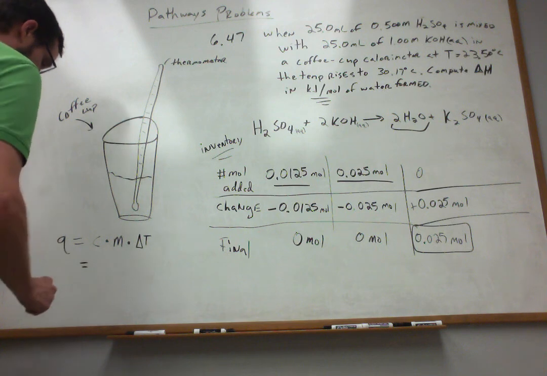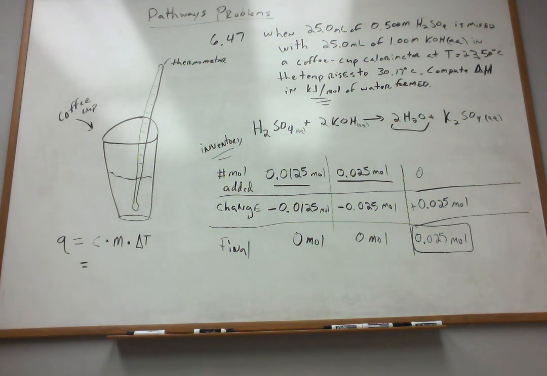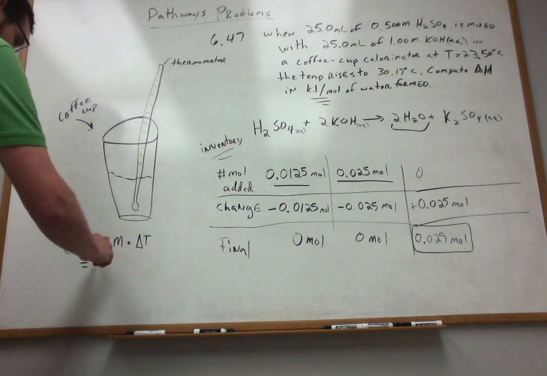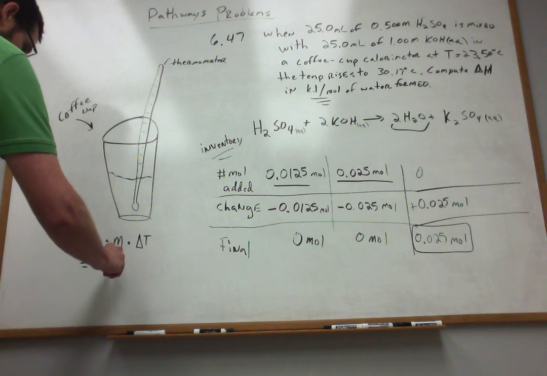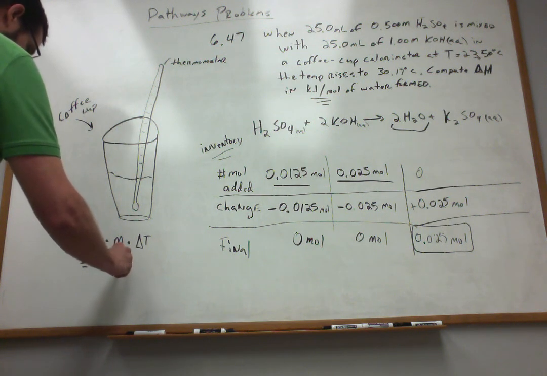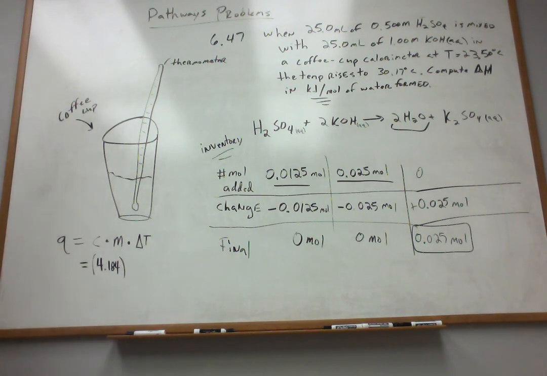I'm going to use that here to help me figure out how much heat was required to raise this solution to the temperature that was specified. Now, I'm dealing with aqueous solutions here. I'm told in the problem to assume the specific heat is the same as water, which is 4.184 joules per gram per degree Celsius. So I'm going to write that here, okay? I was told in the problem to do that.